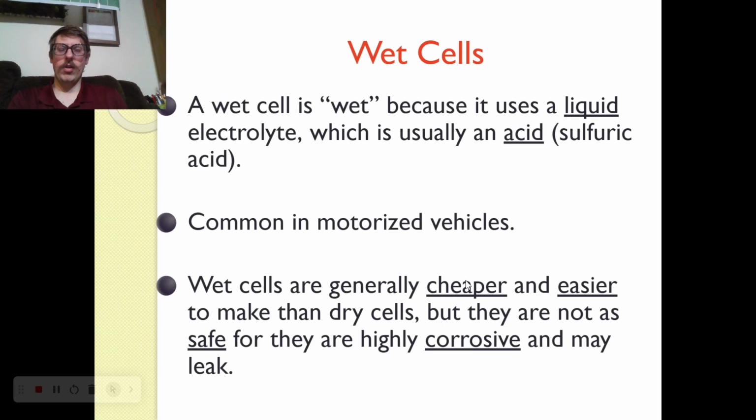They are oftentimes cheaper and easier to make, but they're not as safe and they're highly corrosive, which is why the dry cell can be a better cost, especially if it's smaller. But dry cells are much more reliable than a wet cell in a lot of environments.